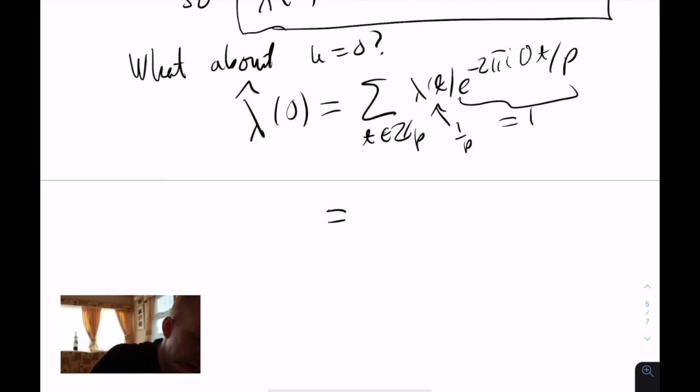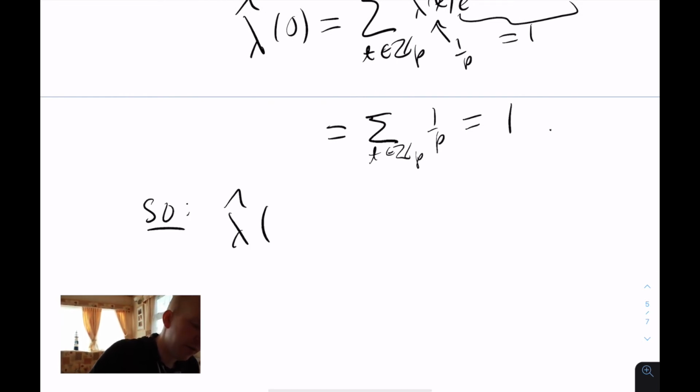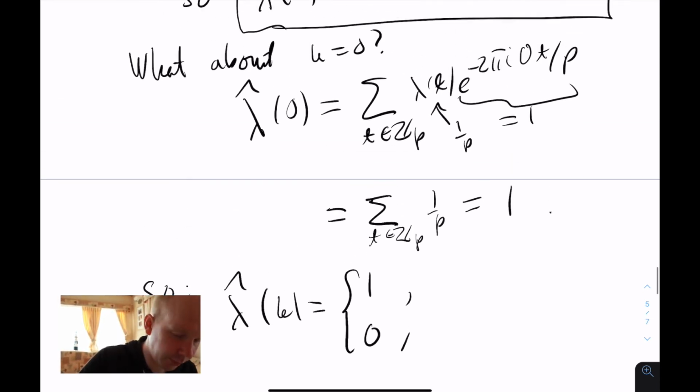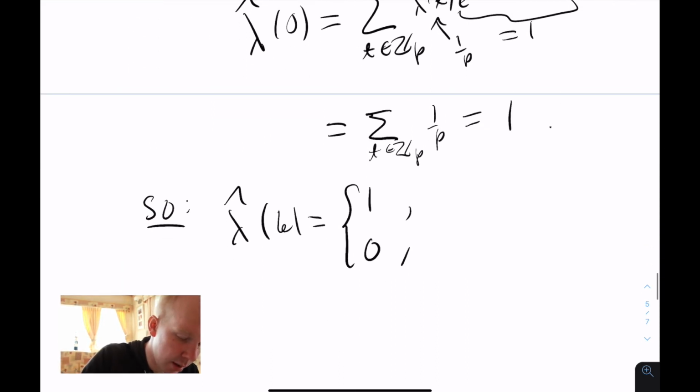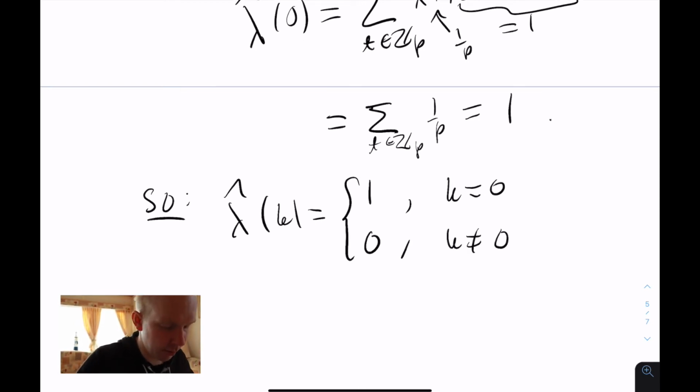So this whole thing is the sum over t in Zp of 1 over p, which is 1. So we have just proven that the Fourier transform of lambda at k is equal to 1 when k is equal to 0 and 0 when k is not equal to 0, which is an interesting property.